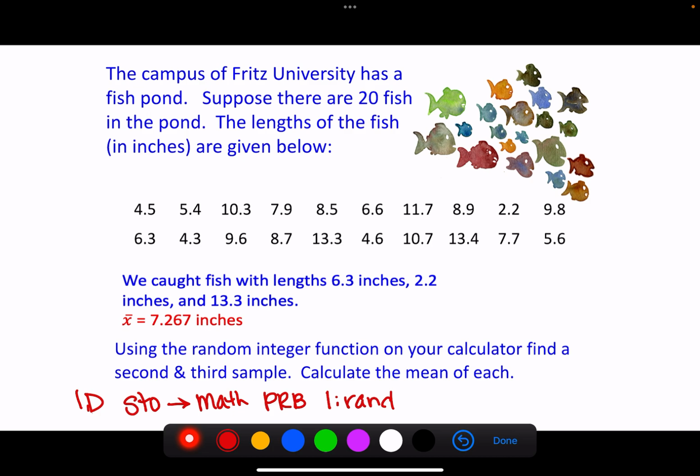Once you have that done, you can then go to math again, over to PRB, and this time you are going to go down to randInt, so that's number 5.